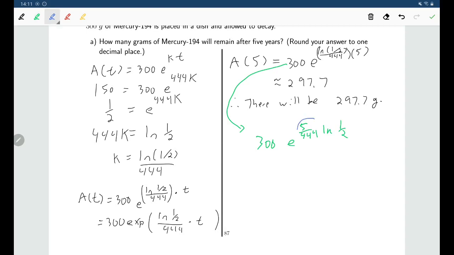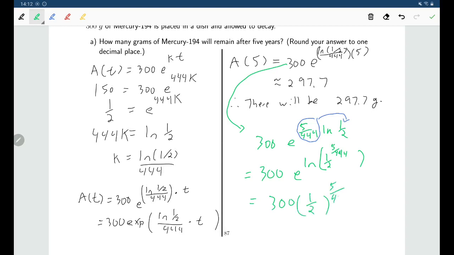Then using what I know for my log properties, that 5 over 444 could come in front and be now a power on that half. So I would have e to the power of natural log of half to the power of 5 over 444. And the e and the natural log would undo each other. I'd be left with 300 times 1 half to the power of 5 over 444.